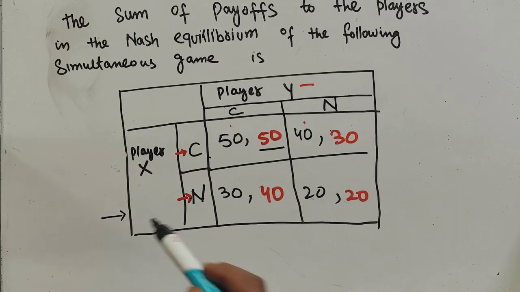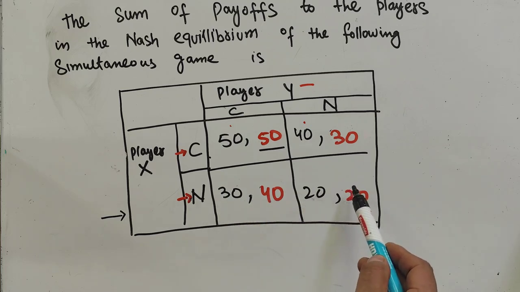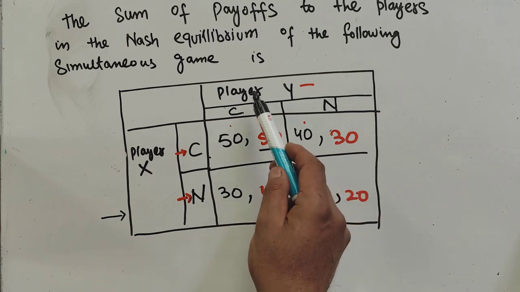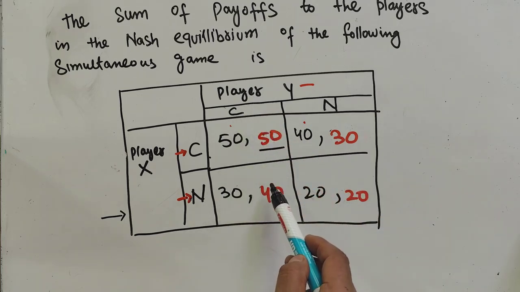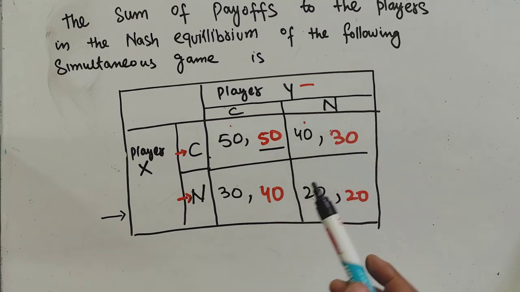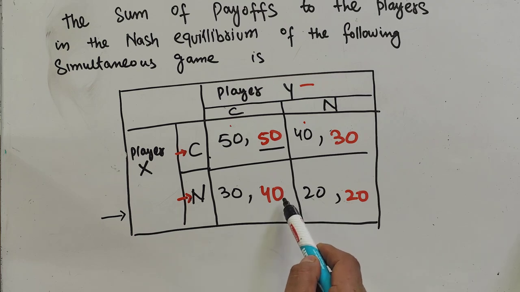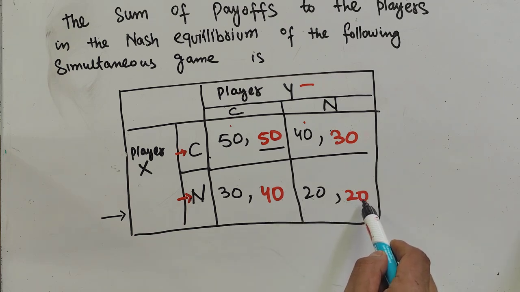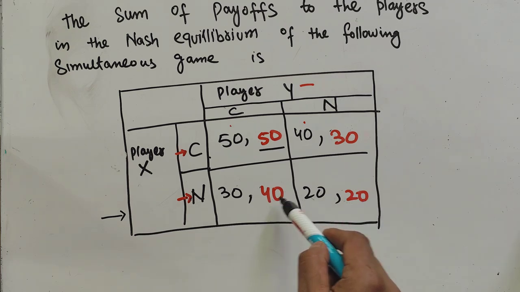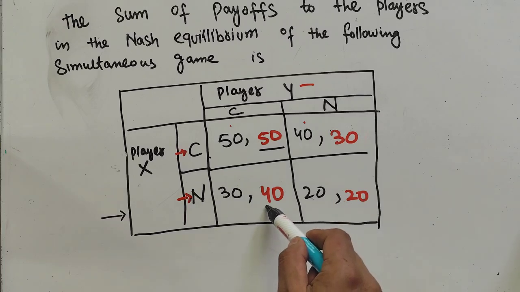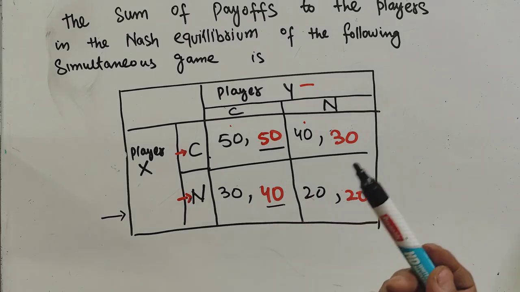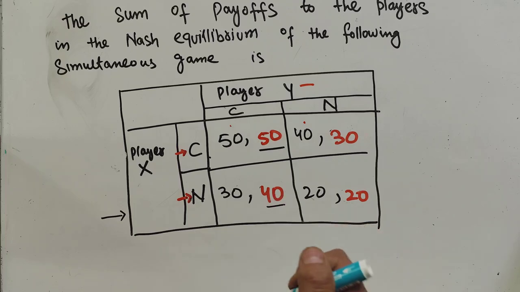Likewise, let us see when player X chooses not to cooperate. Again, player Y has two options. Cooperate gives him 40 as payoff, not to cooperate gives him 20. Obviously 40 is greater than 20. Since we assume that the players are rational, they will choose the higher payoff.